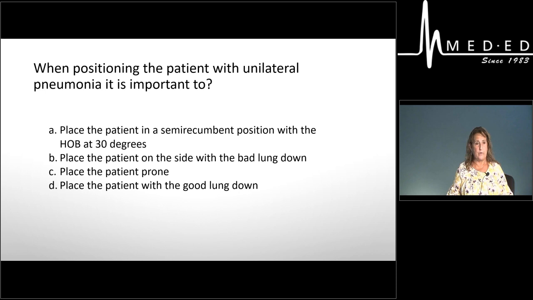Place the patient prone, or place the patient with the good lung down. And the answer is, and this one tends to stump people too, place the patient with the good lung down. The reason is the effects of gravity on blood flow. If you have the good lung up, blood flow is not going to be as optimal going up, so they need the good lung down. If it's a bilateral pneumonia, they should be in a semi-Fowler's position.